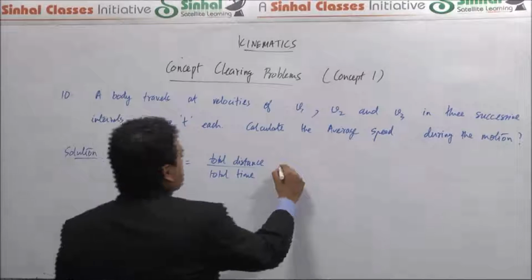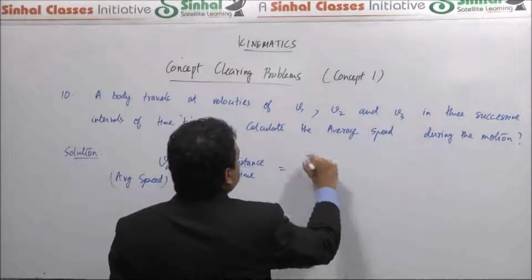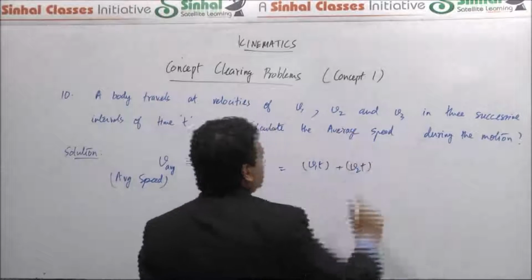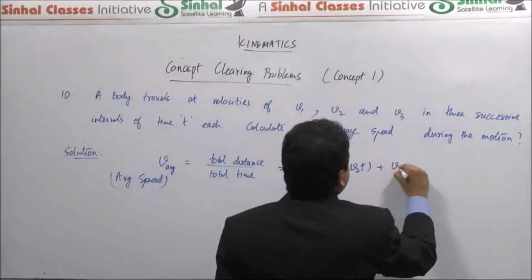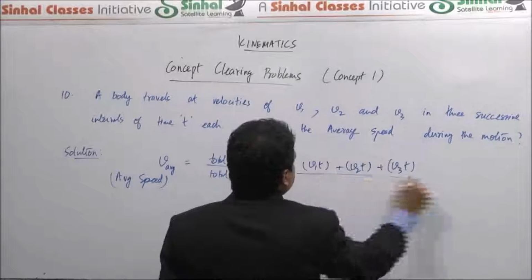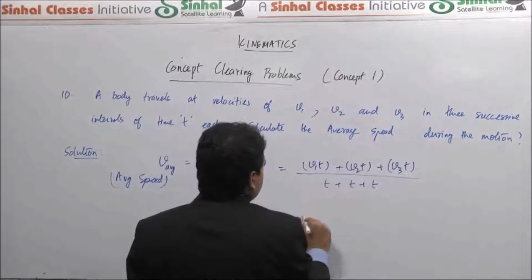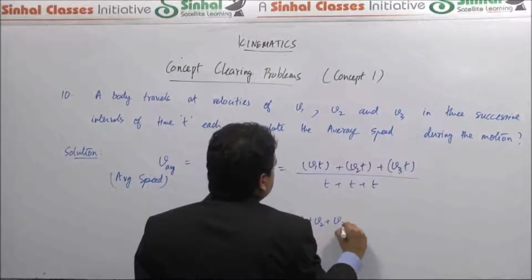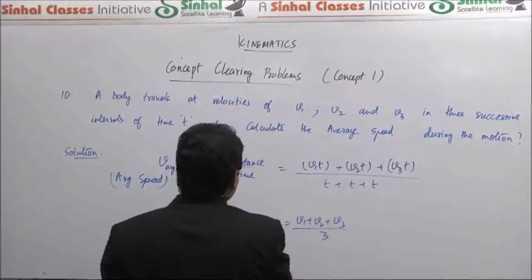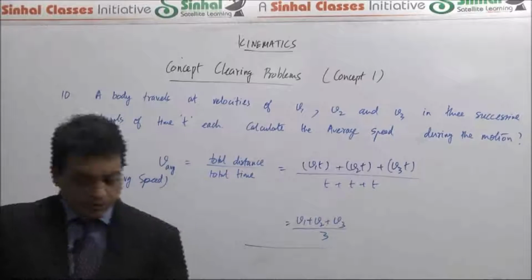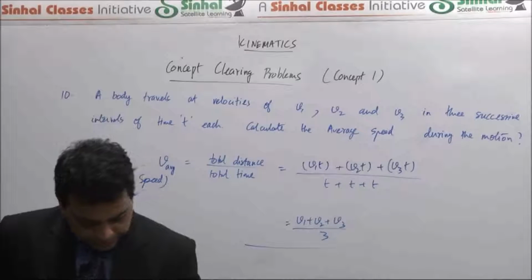So that becomes a distance of v1 t for the first interval, followed by v2 into the same time t for the second interval, followed by v3 into t, divided by the total interval of time, 3t. So that is v1 plus v2 plus v3 divided by 3. Right, so that's the solution for the 10th problem.